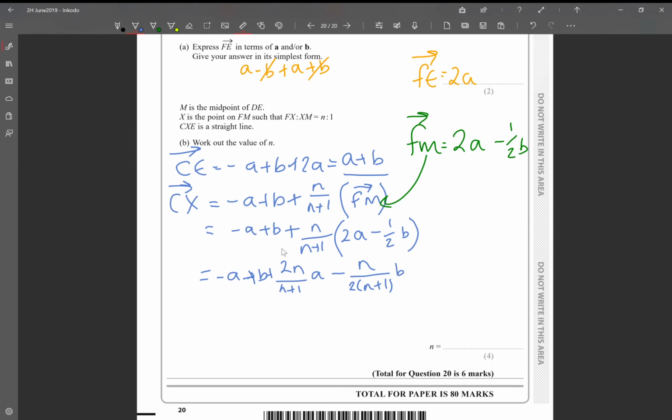And so we need to factorise these so that they are in the format of a plus b with a multiple inside. So how to do this? We're dividing both by a. So let's look at a first.